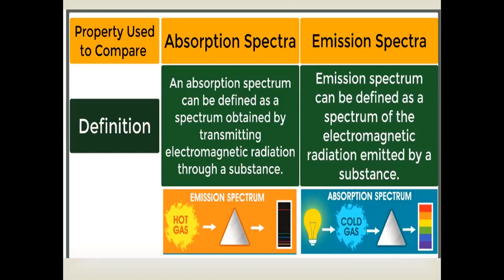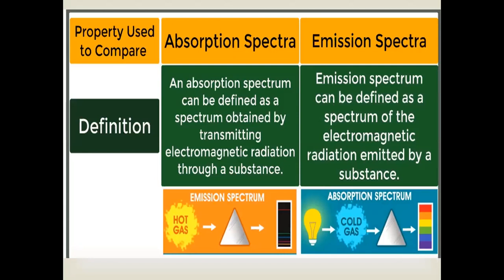So you know what color it is, what kind of wavelength comes out of it. When you allow this light to pass through a cold gas, this cold gas will absorb certain radiations and the rest of them will go out, and you will be able to study only the remaining part of the spectrum.